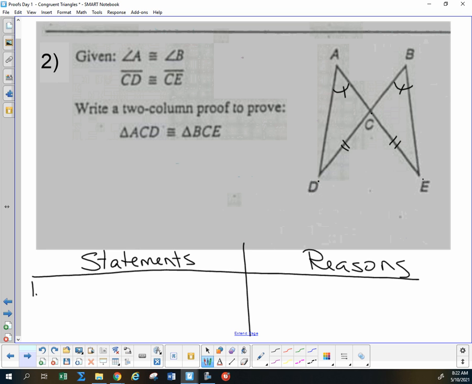So number 1 and number 1. We must start out with everything that is given. So angle A is congruent to angle B, and the reason is given. Number 2, side CD is congruent to side CE, and that is also given.